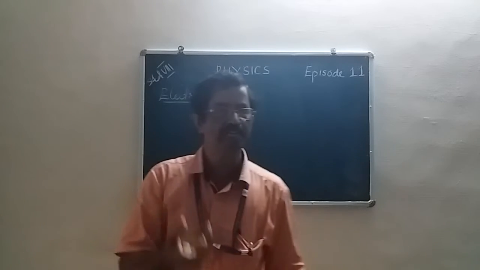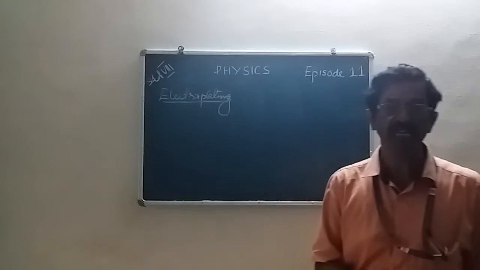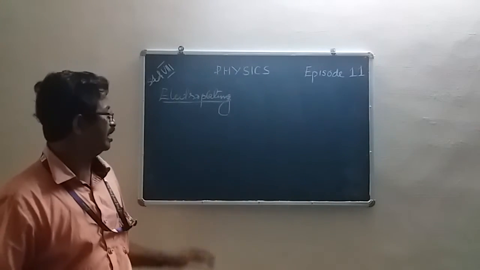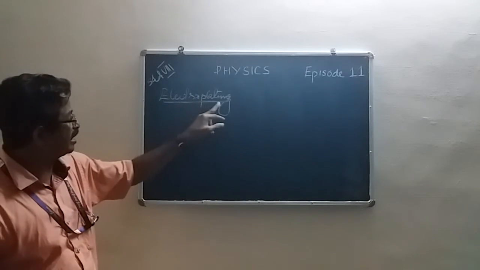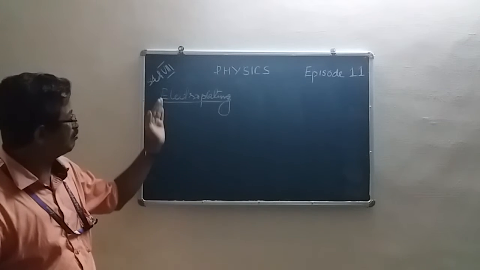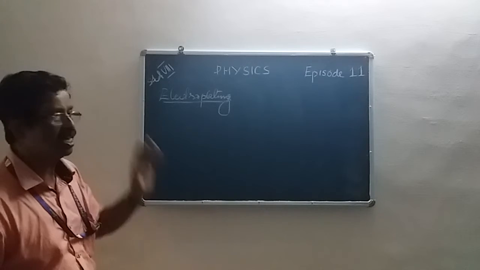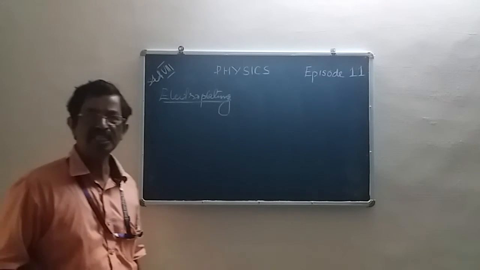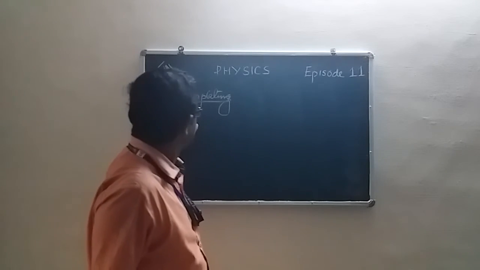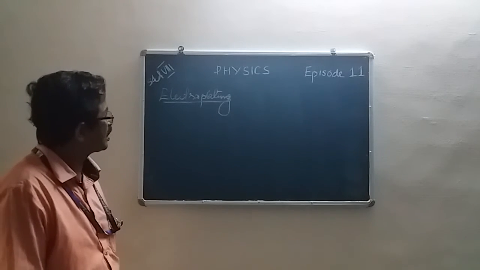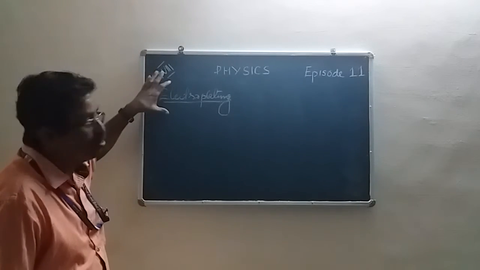That means two kinds of ions can be formed, one positive and another negative. And electroplating is one of the major applications of electrolysis. Here we are now discussing what electroplating actually is.